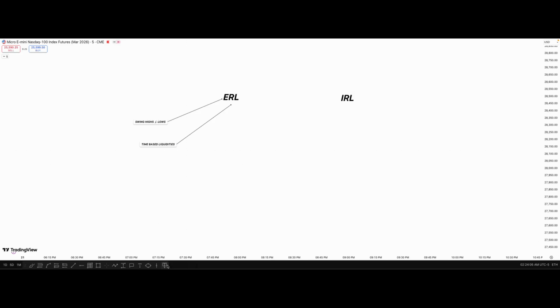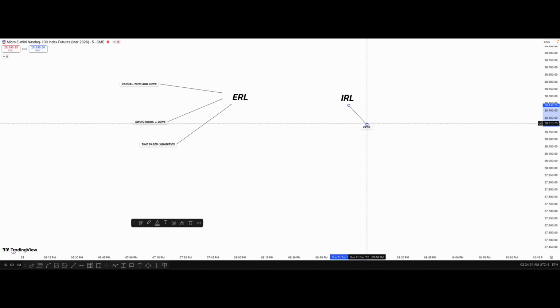If you break down all of these levels in lower time frames, and look at them in higher time frames, we can also identify those as candle highs and candle lows. Alright, and for IRLs, which is internal range liquidities, there come fair value gaps. What all comes in fair value gaps? BC, we have CB, right?